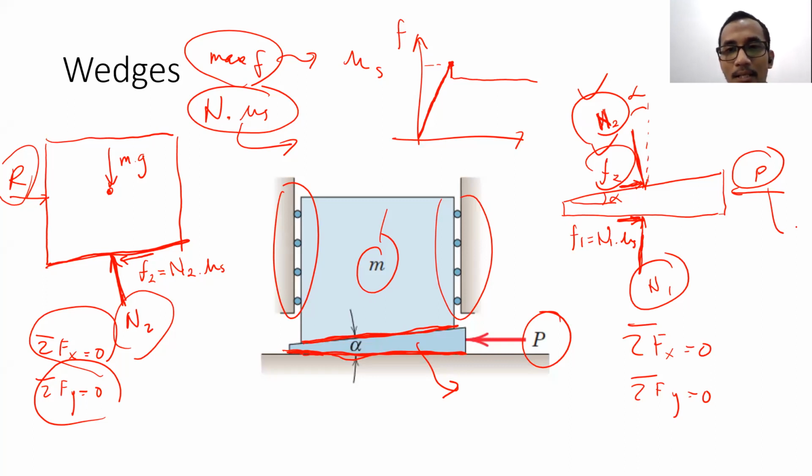So these two, friction force and normal force, actually represent just one unknown. Because as long as we know N1, F1 will be known. And this one is just one unknown as well. By knowing N2, F2 will be known. Correct, right? Yes, sir.